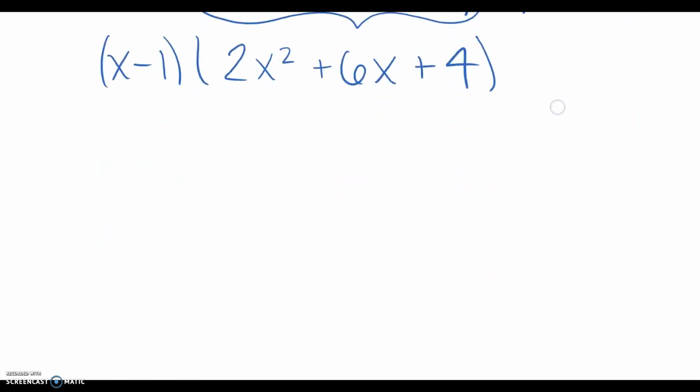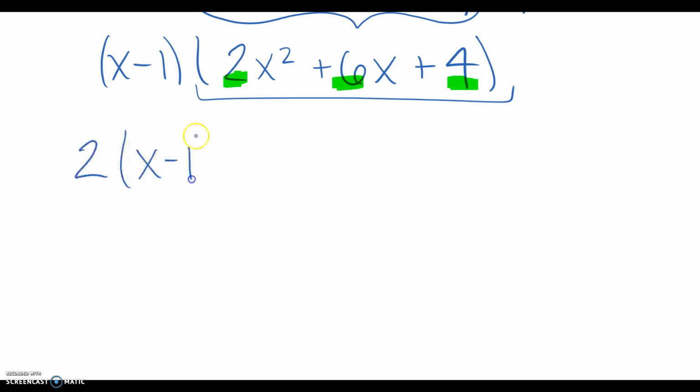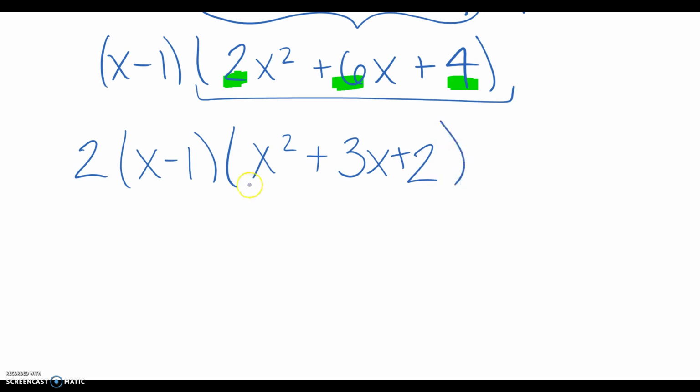Now that we have a quadratic, we can just factor this. Hopefully you recognize that these are all even, so we can factor out a 2. That's just going to go straight on the outside. And we're left with x squared plus 3x plus 2. And now we can just factor this the way we know and love. What multiplies to 2 and adds to 3?